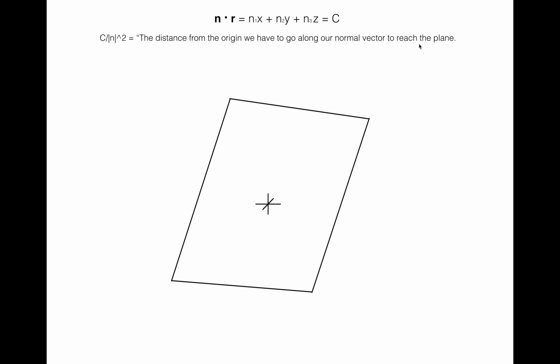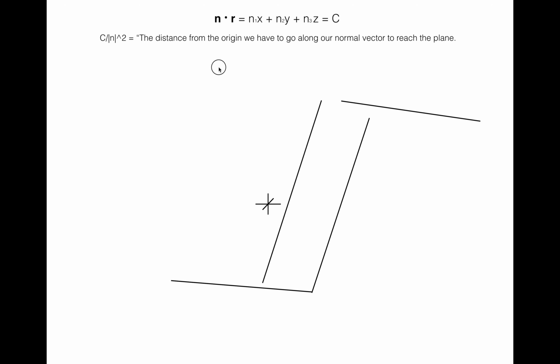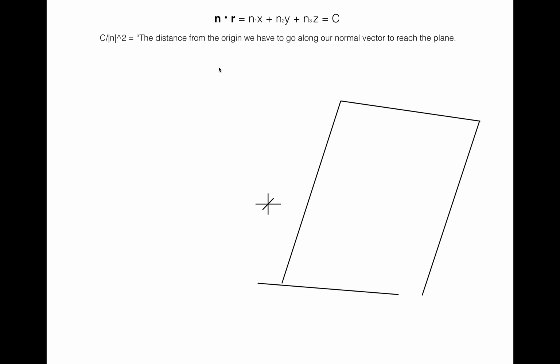We don't have to go anywhere along the normal vector, which means that the point 0, 0, 0 is on the plane. If we increase c, we will then essentially be pushing our plane along the normal vector, and the distance that we push it is going to be exactly c divided by the magnitude of n squared. There you go.